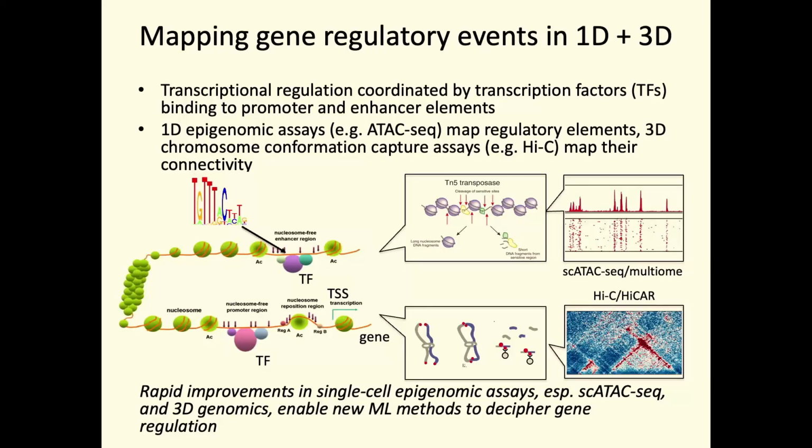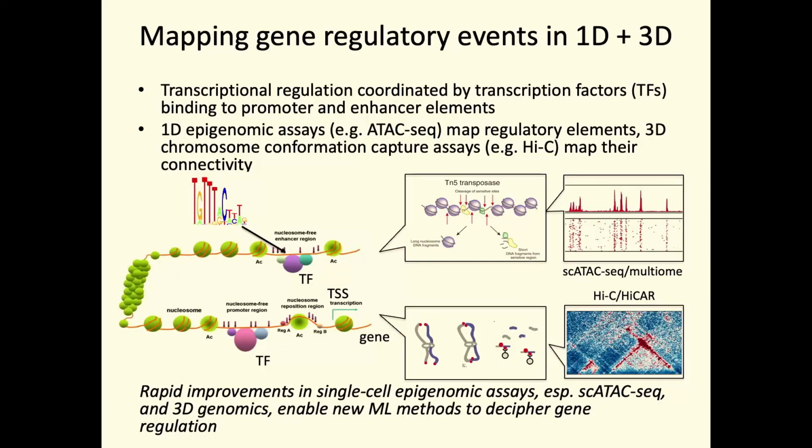So where transcription factors are binding in the genome, these transcription factors are actually holding the chromatin open, and we can use sequencing assays to map those regions of open chromatin. One is called ATAC-seq, okay, so it's for assay for transposase accessible chromatin followed by sequencing, okay?